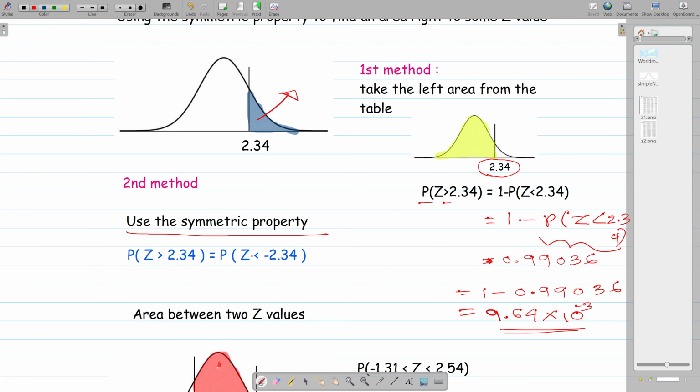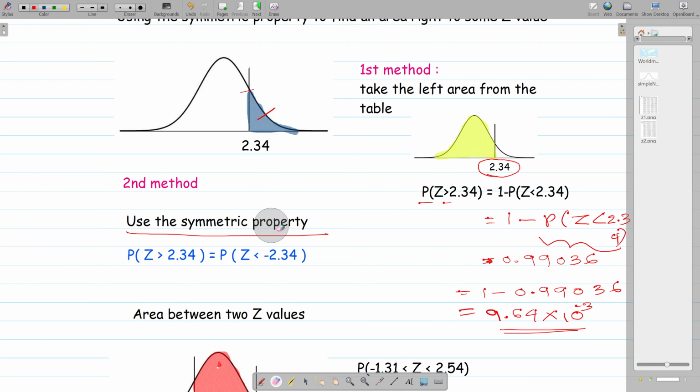If you remember, I told you the middle is 0, the left area is 0.5 and the right side area is also 0.5. In the same way, if you take some value like 2.34 and consider the same value but negative, that is minus 2.34.